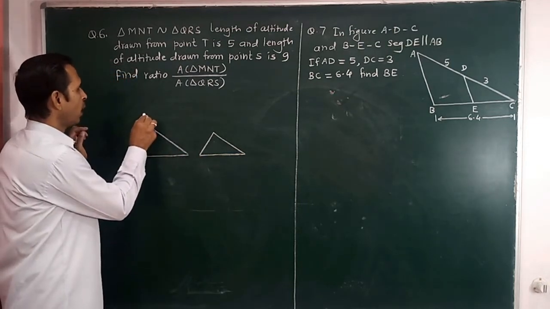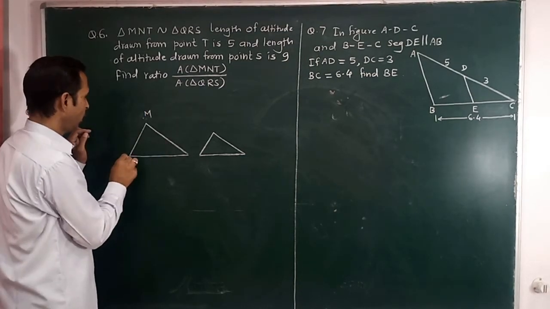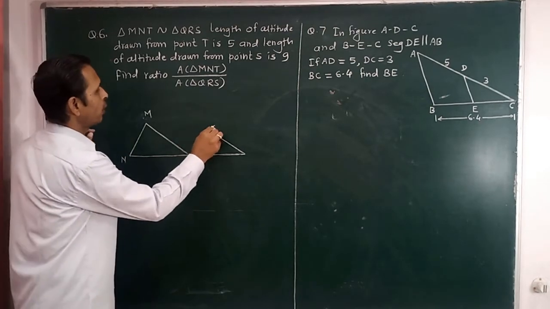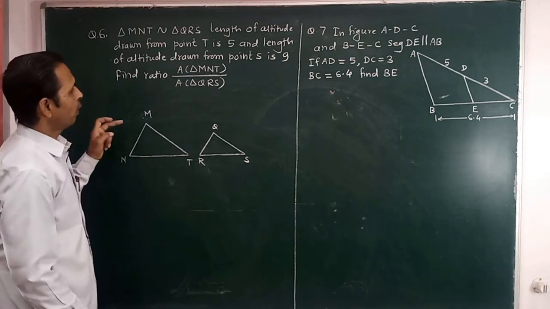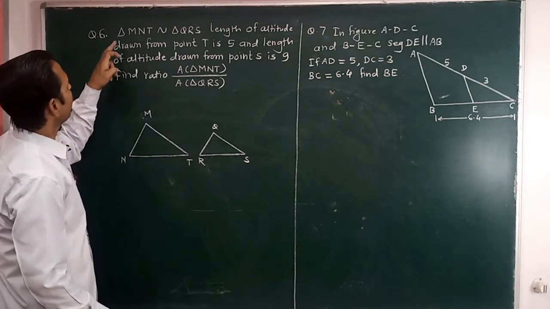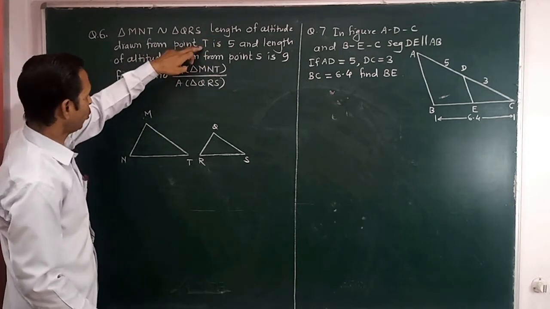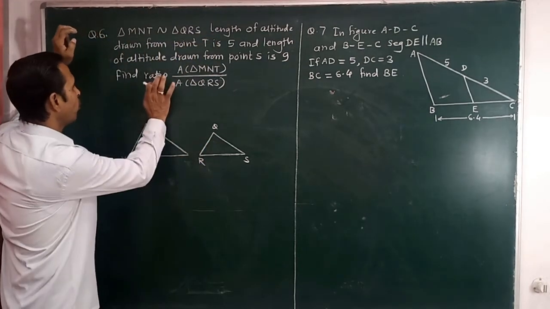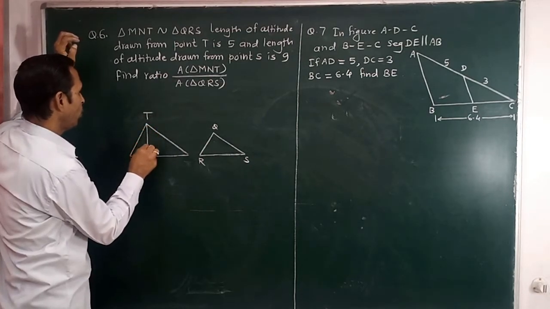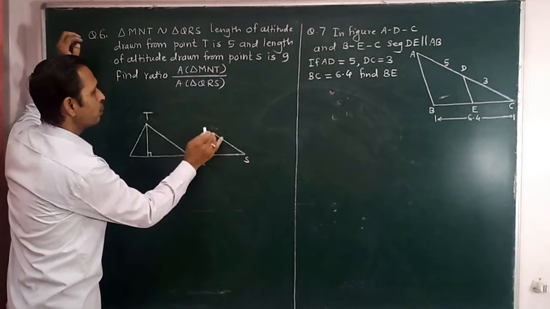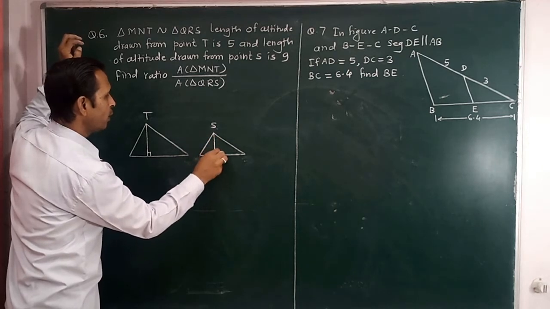Suppose this triangle is given, MNT, and the other triangle is QRS. Now here we are given MNT and QRS, and the length of the altitude from point T. Suppose we take here the point T, and this is the altitude from point T. This is point S, and take the altitude from point S, this is the altitude.